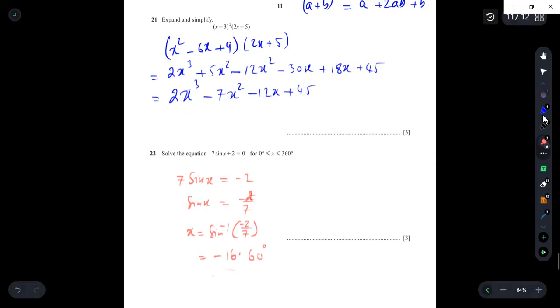Now, regarding the sine functions, when we are solving questions on trigonometric equations, we should know what the graph of the sine function is. Let me quickly sketch the graph of the sine function here.